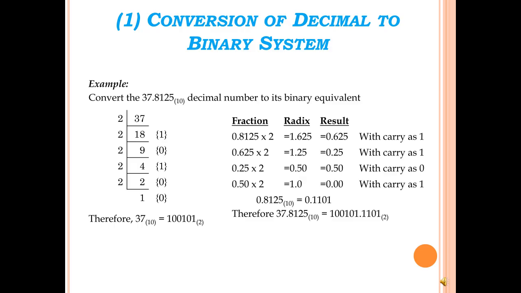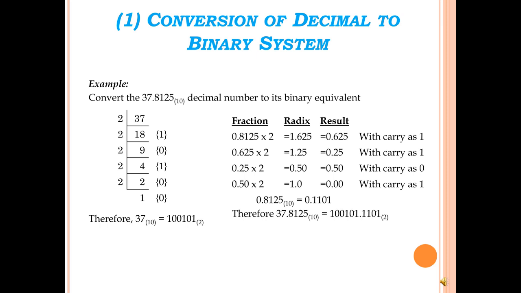Now we have another number after the dot, that is 0.8125 of base 10. Now it will be calculated in a different way. Whatever the number we have after the dot, it has been initiated in a fraction format.